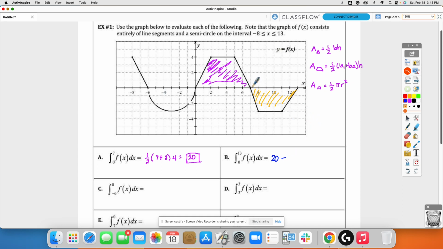The area from 7 to 13 is again a trapezoid. So we have 1/2, the two bases are 6, plus the one from 8 to 11, which is 3, and the height is equal to 3. And this is equal to 6.5.